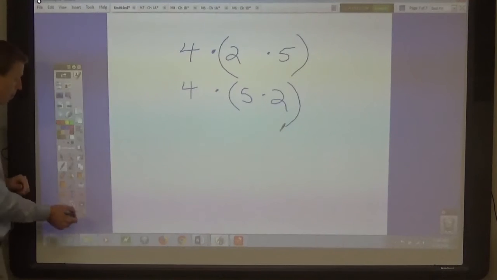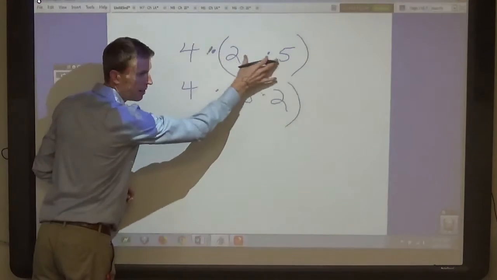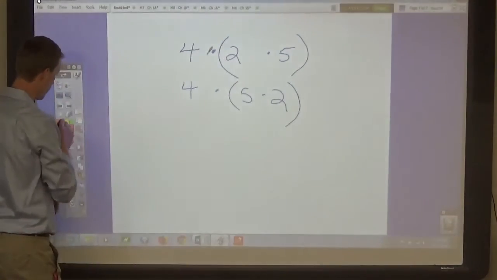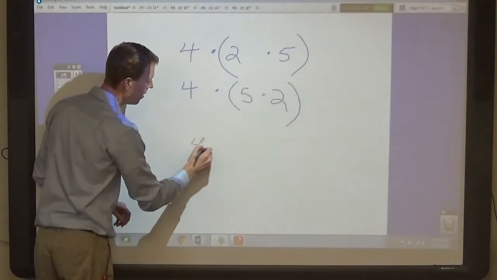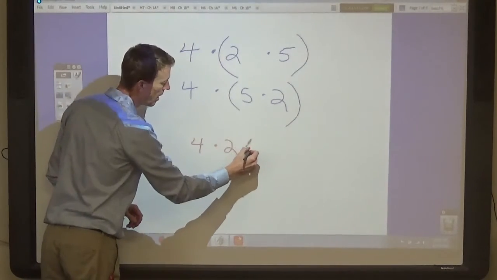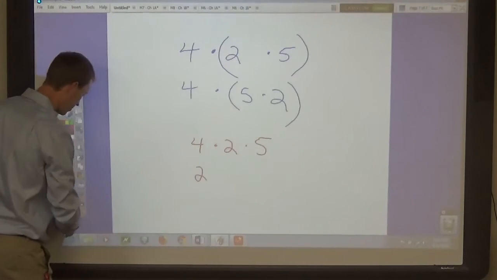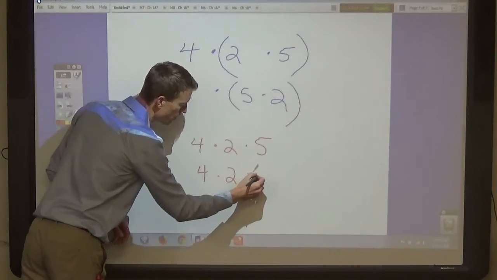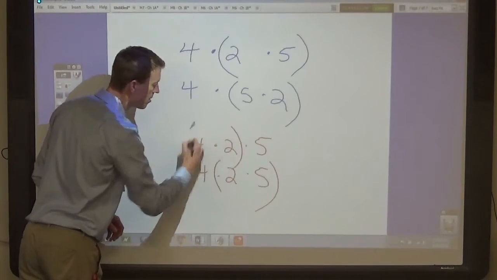Now, in the associative property, the order of the numbers will be the same order. Just the parentheses will be moved. So 4 times 2 times 5, and 4 times 2 times 5, that's the same order, but the parentheses are moved.